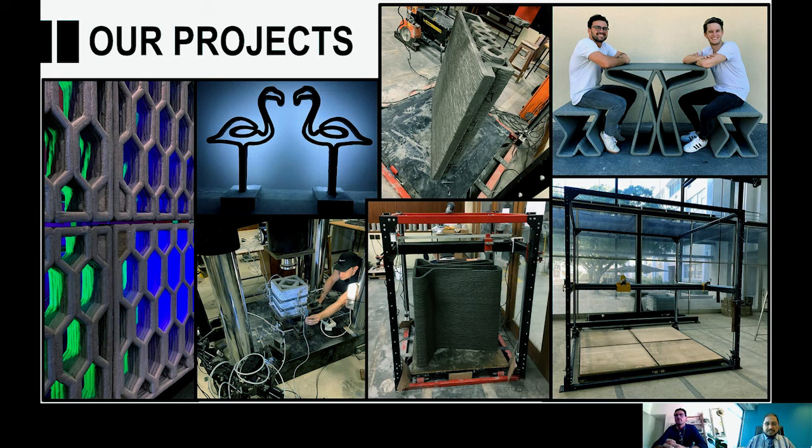Interesting. No, thanks for that. And I see you got some nice pictures up here. Can you just take us through this slide? Yes, so over here I've just got a quick slide of some of the projects that we've done. On the furthest left, you'll see a facade, which is once again a modular design. And essentially you just print these flat objects and then assemble them on a steel frame.